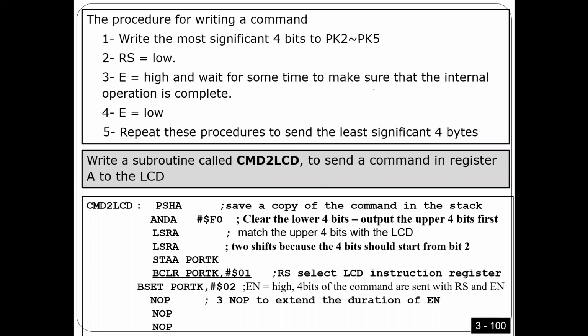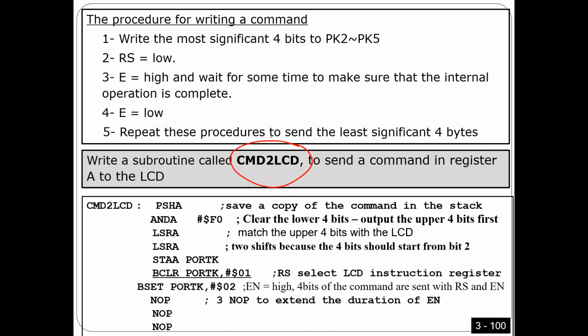I also taught another function called command to LCD. This function is used if you want to send a command to the LCD. Last time I taught several commands, and I told you every command has a code.